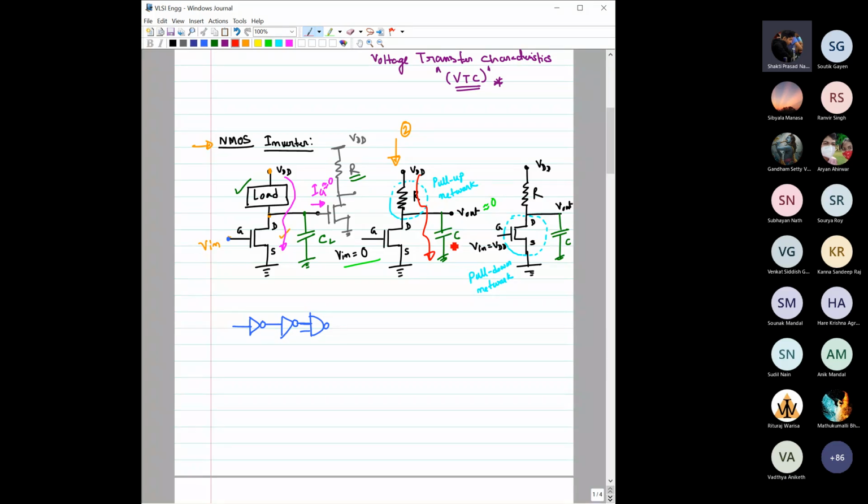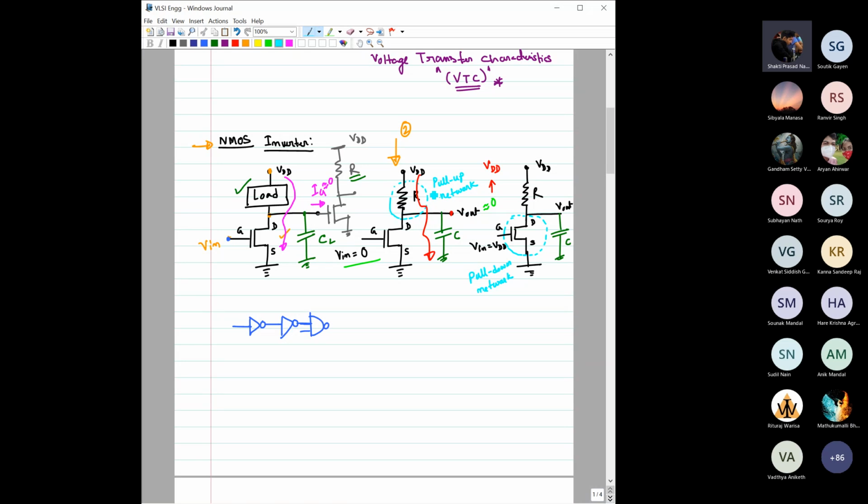And when this capacitor is fully charged, it will be charged up to what volt? Please tell me. VDD, right. So it will charge up to VDD. So you can see through this resistance, this capacitor, or this output node potential, is rising from 0 to VDD. So it is pulling up the voltage at this output node. That is the reason why this part of the circuit, here it is only a resistor, so it is one element, but it can be a couple of other things as well.